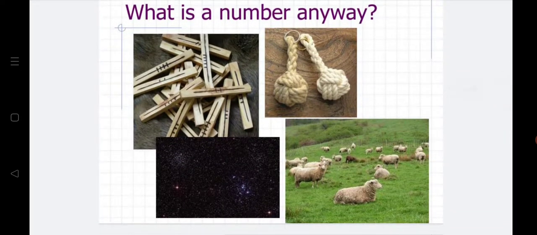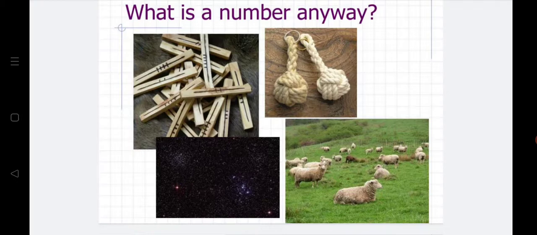Now if you see here, these are a few images. In these images, what is a number anyway? In the first image you have wooden blocks, which are easily countable. In the second image I have two threads of keychain type, so I can say the number is 2.